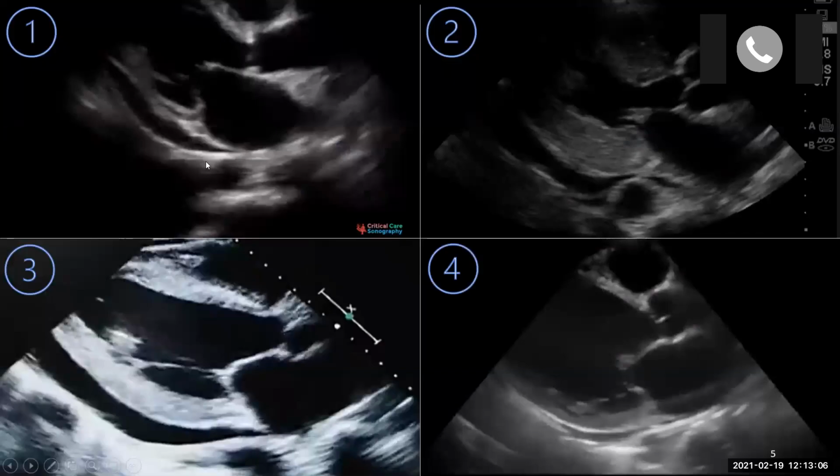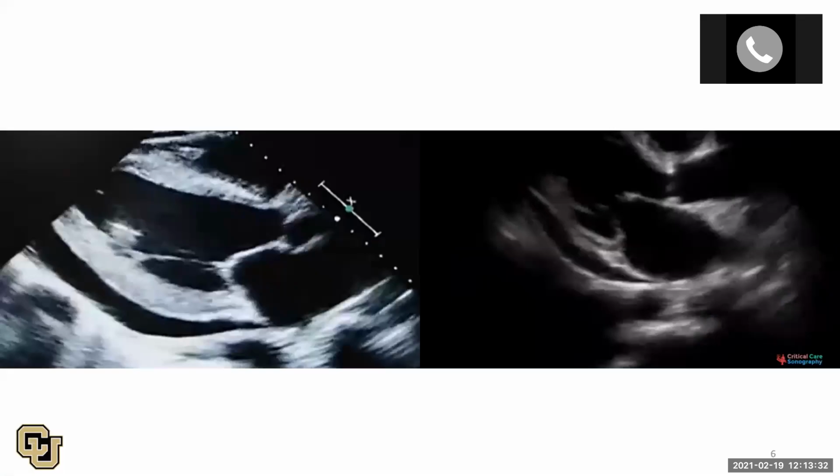In most of these images, we're seeing this black spot, which is the descending aorta. And pericardial effusions are on top of it, superior to it, when you're looking at a parasternal long view. So all of these have this rat tail appearance that goes superiorly to the descending aorta. That's how I know that these are all pericardial effusions.